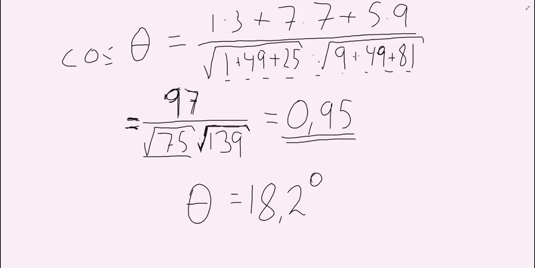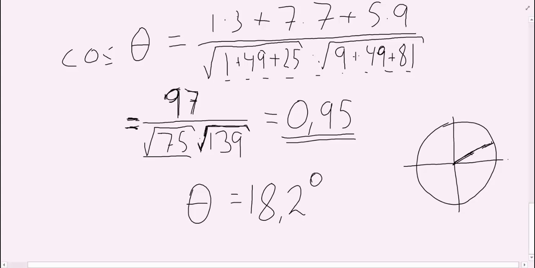Yeah, that would make sense. Seeing as we have the unit circle here, and we have a pretty high cosine, so it's way up here, meaning that we have a fairly small angle here. So that could make sense. Okay, moving on. Sorry about how long that took.